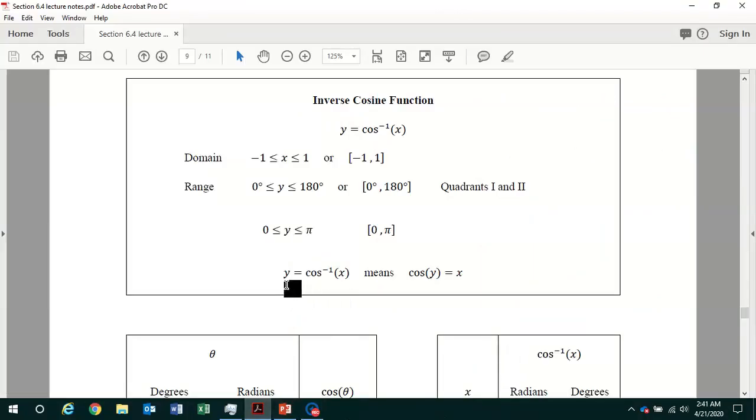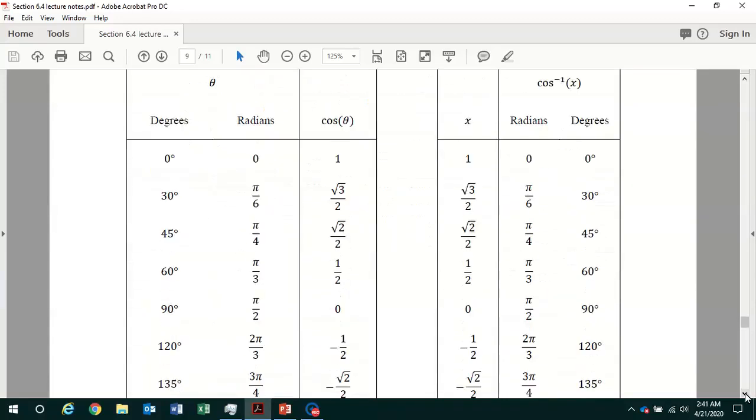If y is the output angle equal to the inverse cosine of the number x, then it has to be true that the cosine of that angle y is equal to the number x. Down below, I summarize the angles that come out of the inverse cosine function for the numbers that you can put in for x. Over here on the left, we have the angles theta and the corresponding value of cosine theta.